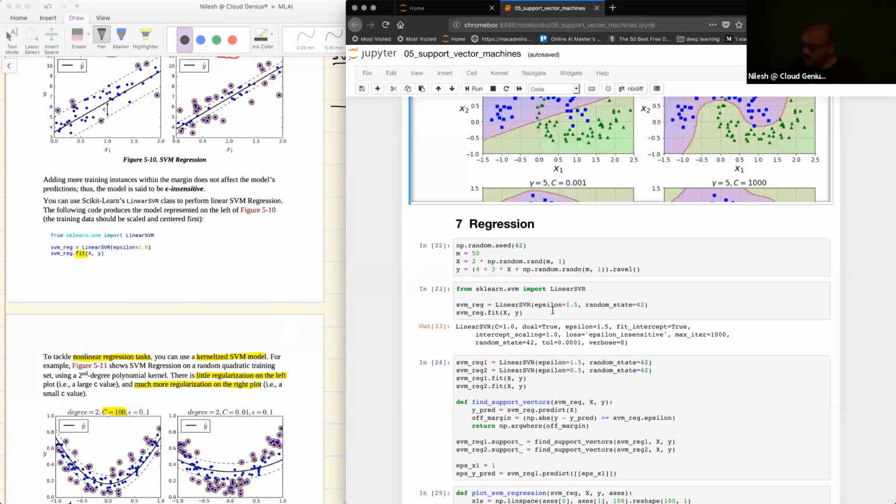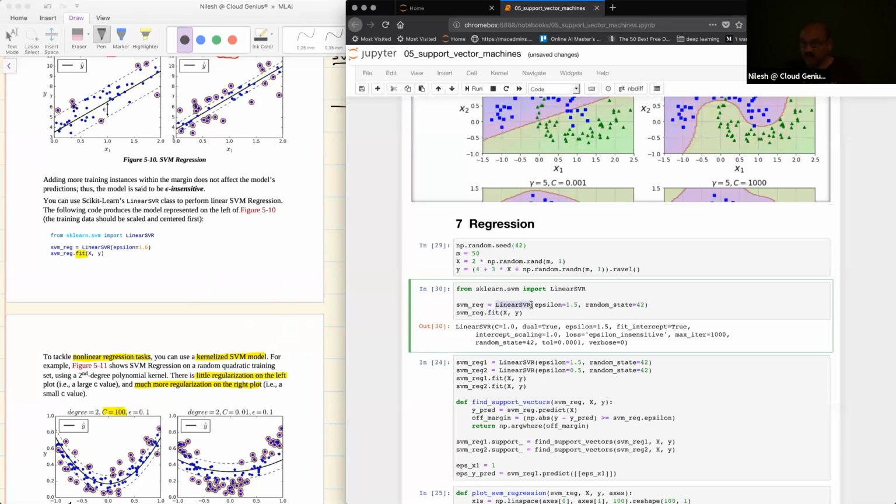The book doesn't describe some of these things here, like random state, for example. That is not in the book, but doesn't matter. That's just the seed to get repeatable results in regression. We are importing, setting the seed value to 42, and then run that linear regression, linear SVR.